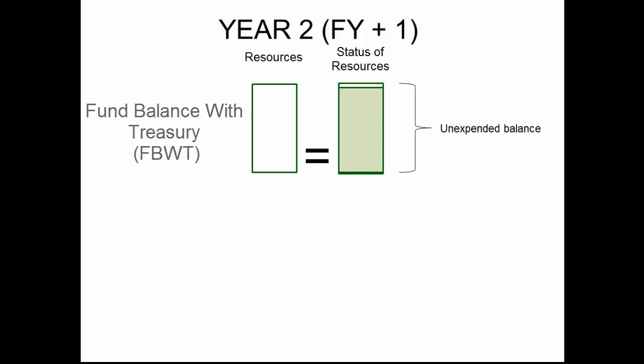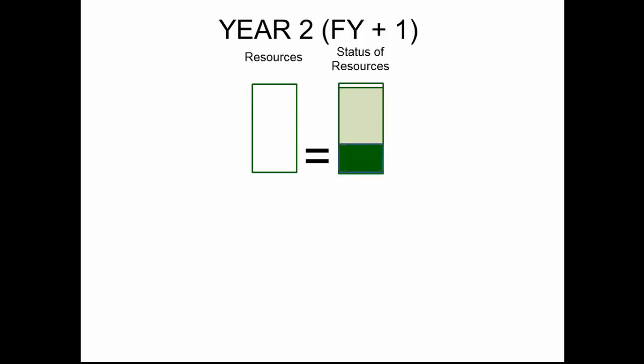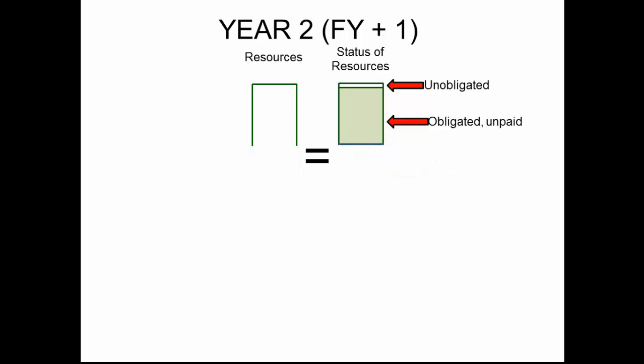During year 2, we would see more of our obligations getting paid, leaving a smaller unpaid balance, as well as our unobligated balance. When we close out year 2, we can see the amount remaining to account for in year 3.